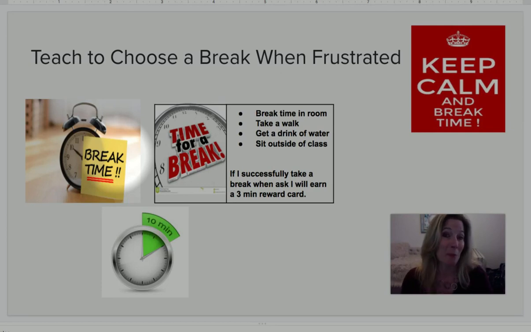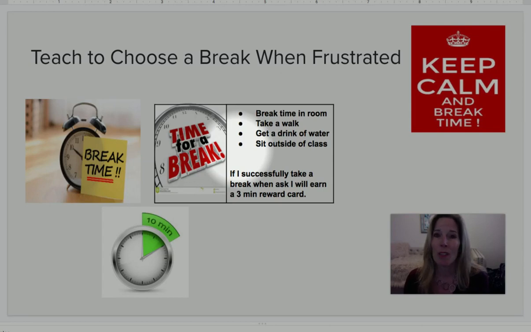But getting them to that space is what I want to talk about right now, because we want to make sure when we teach our students that they can choose to take a break, that it's a choice to help self-regulate. It's a choice that they're making to better themselves, better their well-being, and manage their emotions.